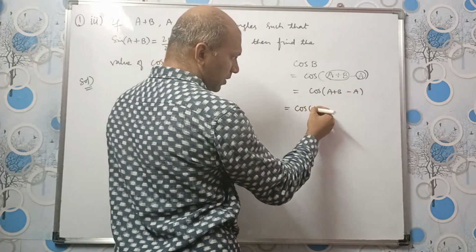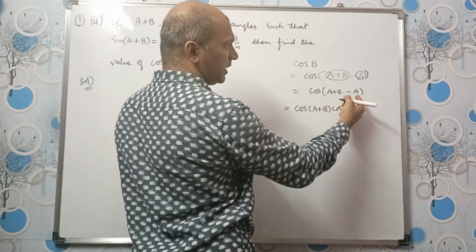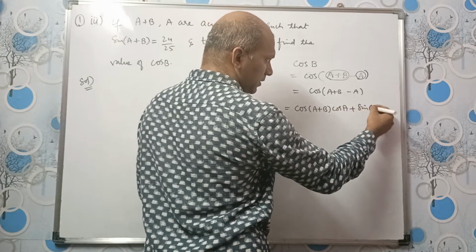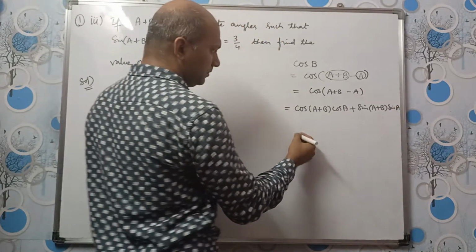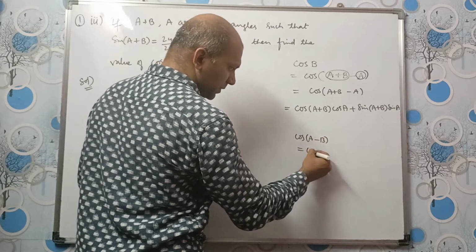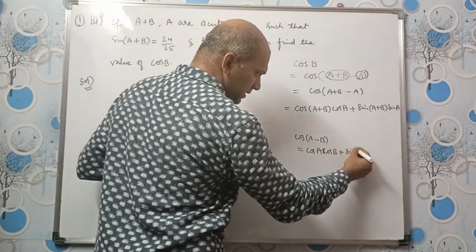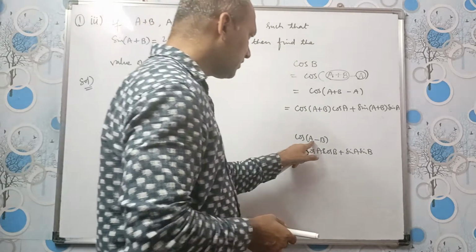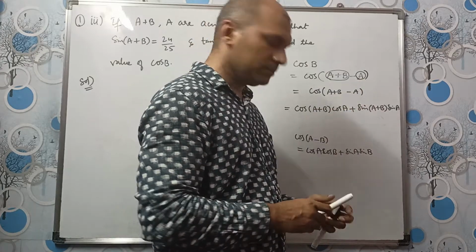So this will be cos a cos b plus sin a sin b, right? We applied this formula. So here the first angle we took as a plus b and the second angle we took as a. Okay.